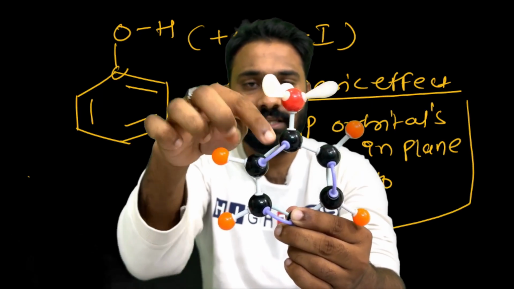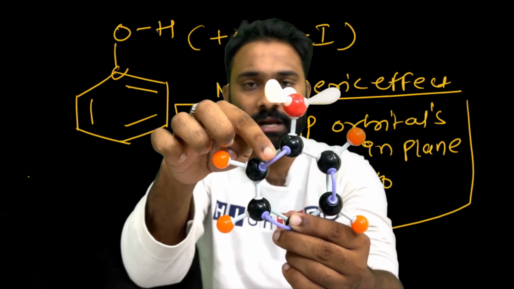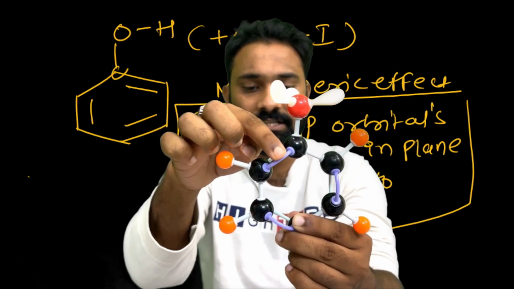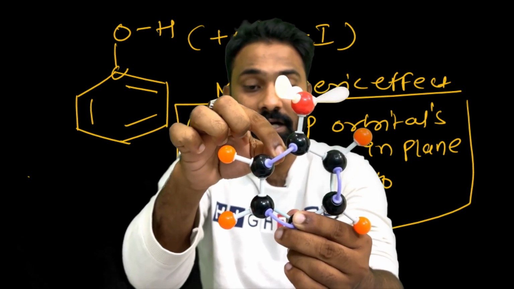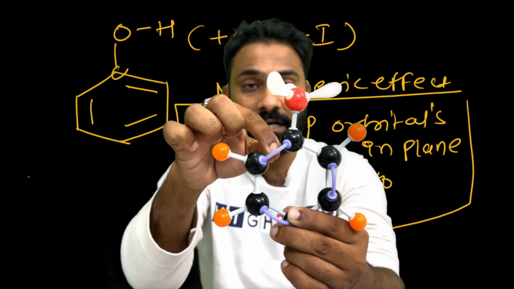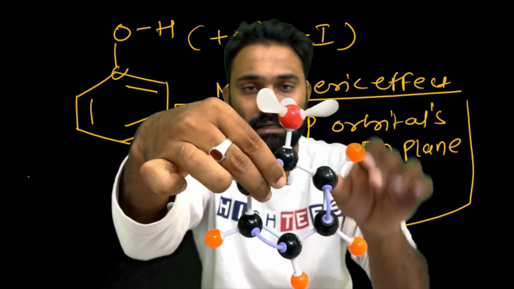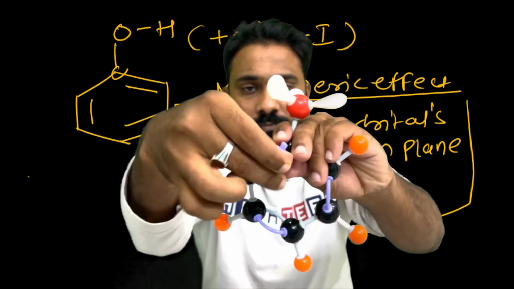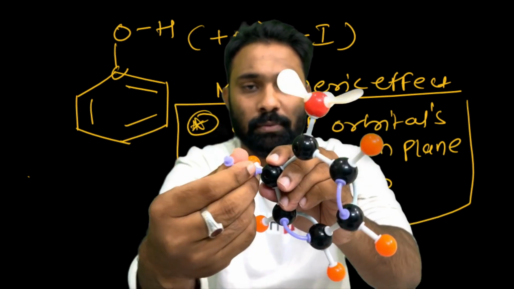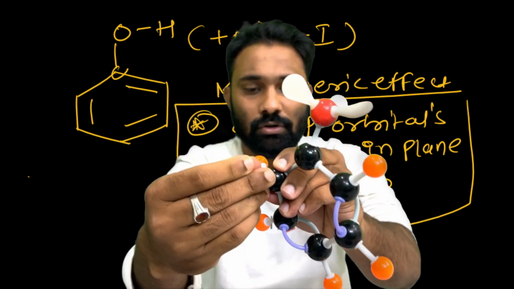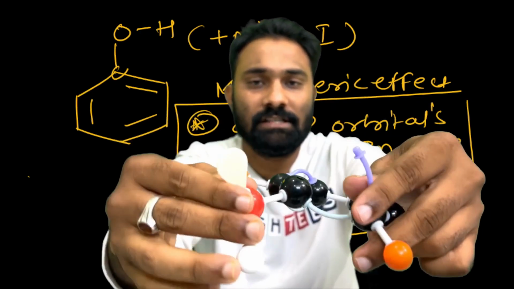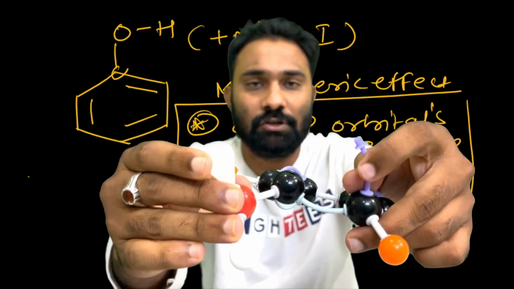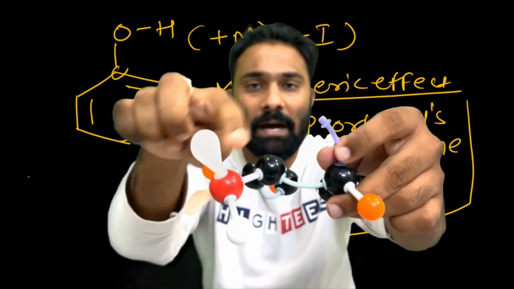Here the pure p orbital which has formed the pi bond in the benzene is parallel to the sigma bond or perpendicular to the sigma bond? It is perpendicular to the sigma bond, right? Now you can see this pure p orbital and this oxygen lone pair of electrons are parallel to each other, right?